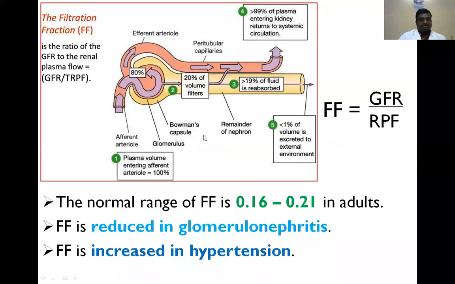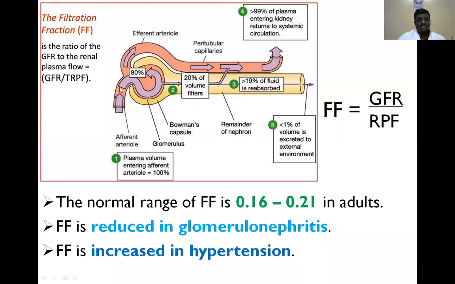Next one is filtration fraction. This is an important question for 2 marks. What is filtration fraction? Filtration fraction is the ratio between the glomerular filtration rate and the renal blood flow.